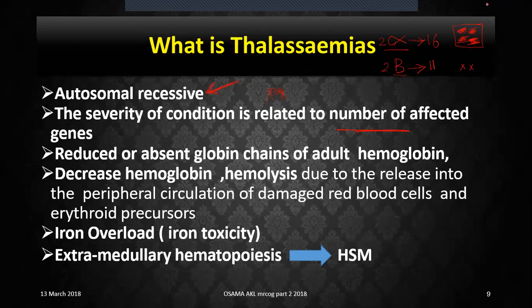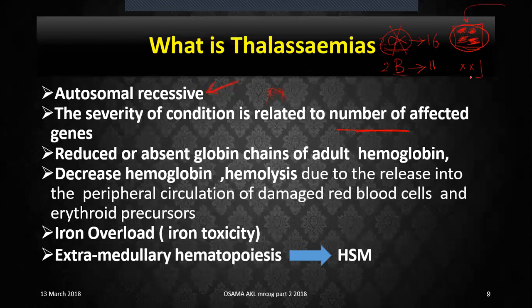If there is absence of the 4 genes, there is no alpha subunit now, and this is incompatible with life. This fetus will die of hydrops fetalis or will die very soon after delivery, because there is no life without alpha subunits.